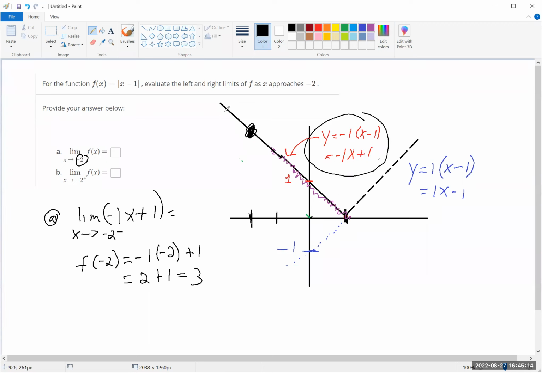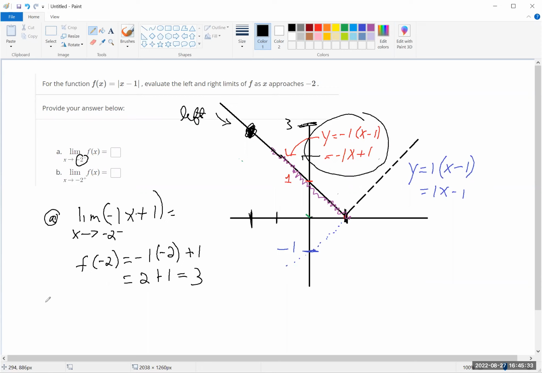So the output coming from this direction, approaching from the left, is 3. So 1, 2, 3 is the height.